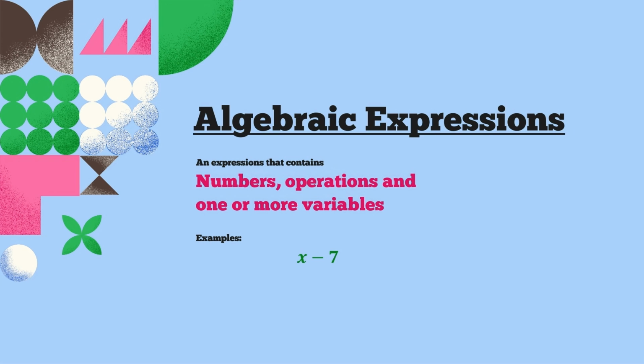And we can also see one variable in this expression, that is x. Next example is 3x plus 4. In this expression, the numbers are of course 3 and 4. The operation is addition, and the variable is also x.